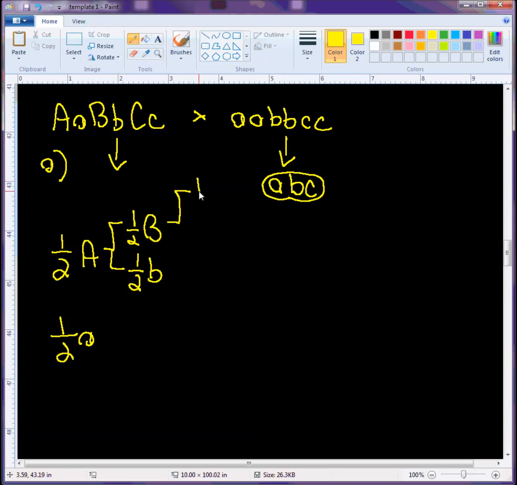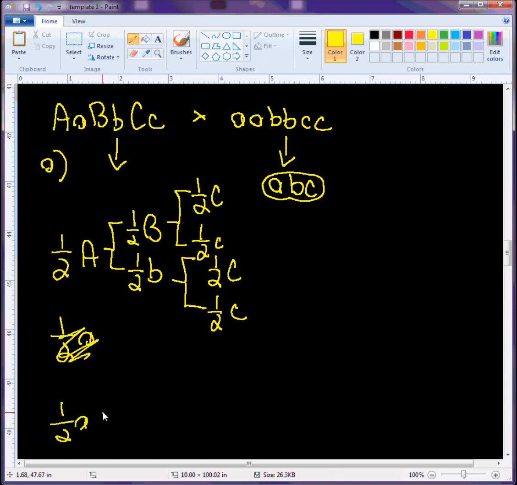Of these B's, 1/2 can be big C, 1/2 can be little c. Okay, and that's the forked line method, and we can do this for all the alleles. And you can move this down a little bit, this A, so I can map this out.